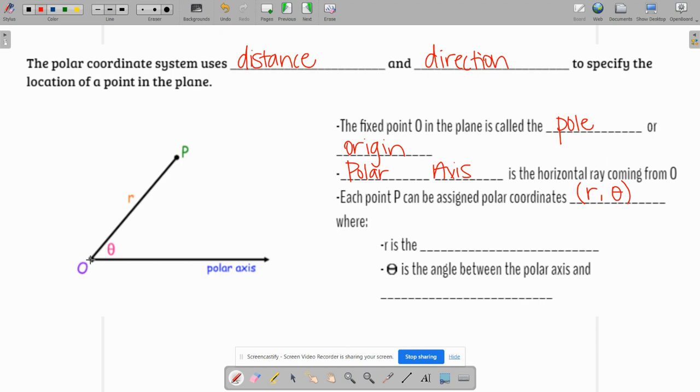It's really the distance from the pole O to the point P. You're going to see in a minute that this polar coordinate plane is going to look circular, so a lot of times we're going to say this is the radius. And then theta is the angle between the polar axis and this segment OP, which we create from the pole up to that particular point. So this is going to be theta here.